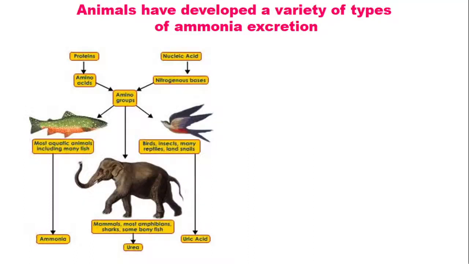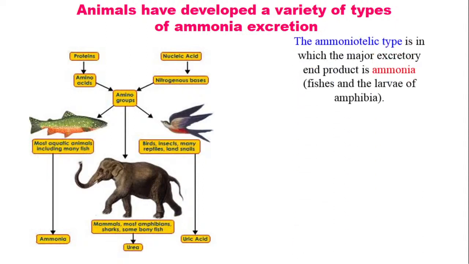According to the types of nitrogen excretion, we can divide all animals into three groups. The first group is named ammoniotelic animals. The major excretory end product is free ammonia.